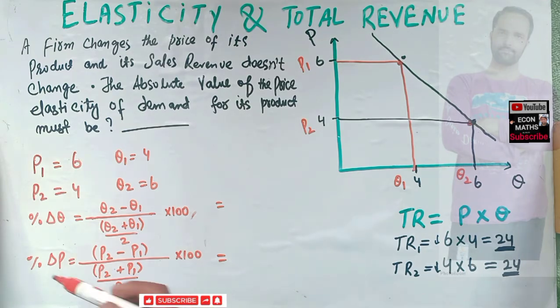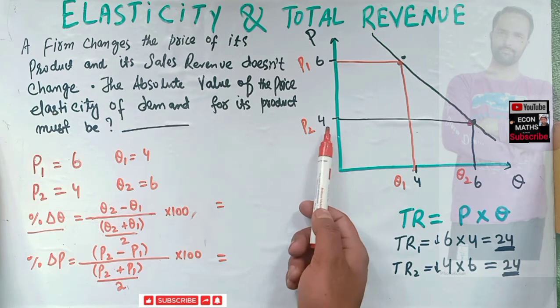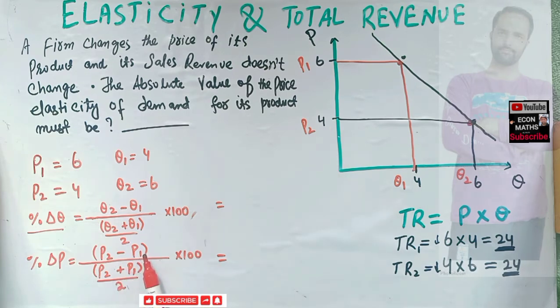Percentage change in quantity is given by final quantity minus initial quantity, divided by the average of final and initial, so Q1 plus Q2 upon 2 gives us the average. Similarly, percentage change in price is final price minus initial price, whole divided by the average of the prices, into 100 for this term and for this term also.